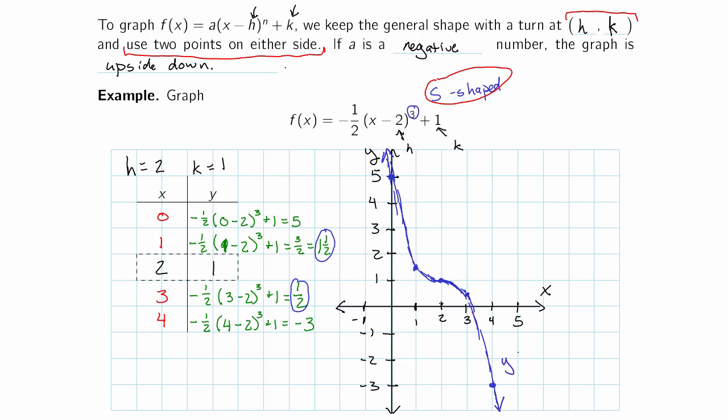There's our graph of y equals f of x. So, the points we got helped guide us on where we were and how big our curve was. And notice this is upside down, as we would have expected, because -1/2 is negative. So that's exactly what we expected to happen. And all of those points work out for us.